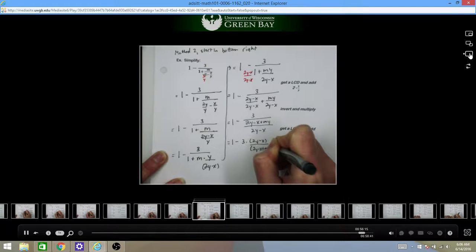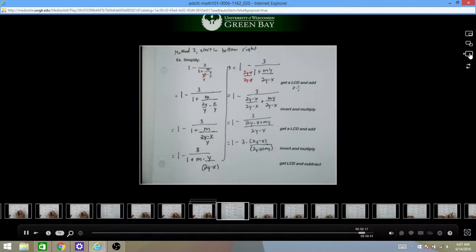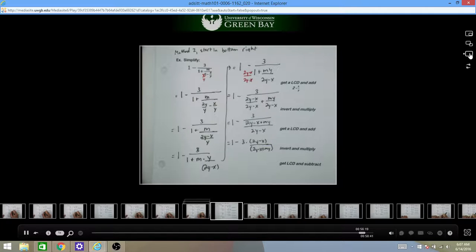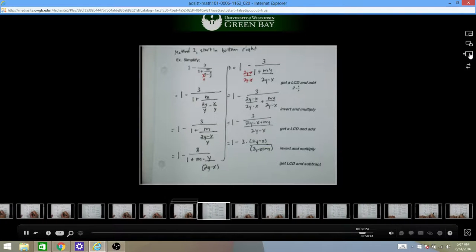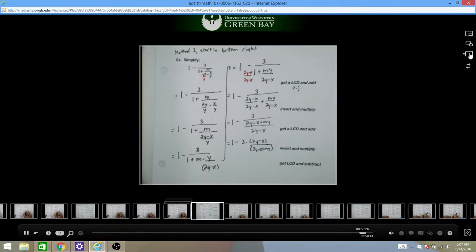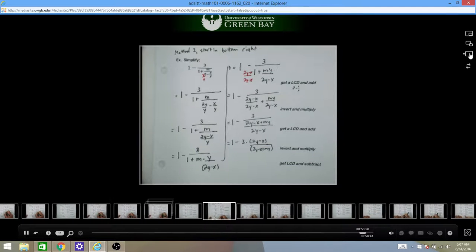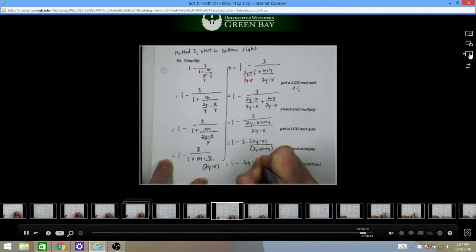So we invert and multiply. So we have the 1 minus 3 times 2y minus x over 2y minus x plus my. So we have 6y minus 3x in the numerator.